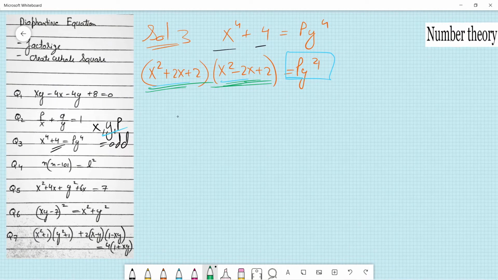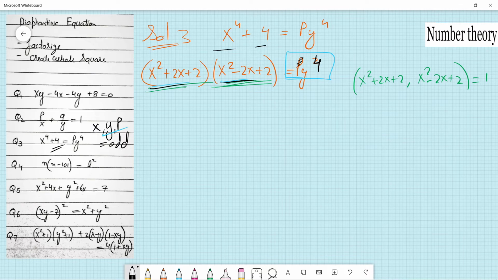Now that we have shown that their GCD is 1, we can write it here: GCD of x square plus 2x plus 2 and x square minus 2x plus 2 is 1. So now we can say that these two multiplied is equal to y to the power 4, and p is also there. For the moment, let's forget about p.